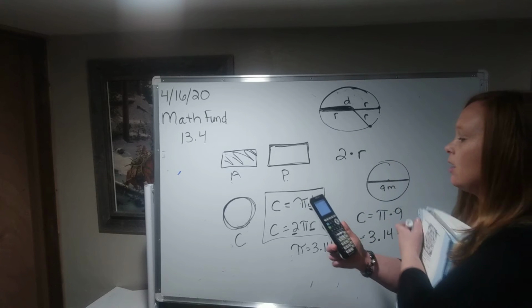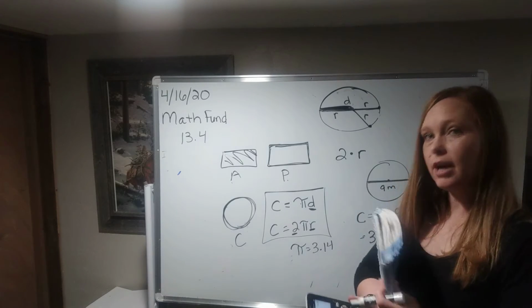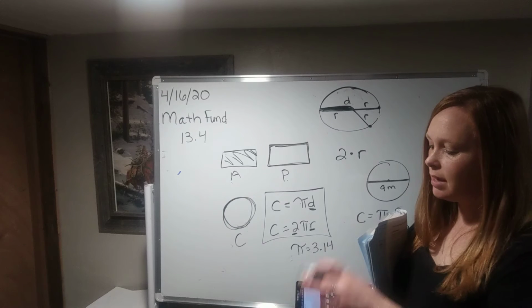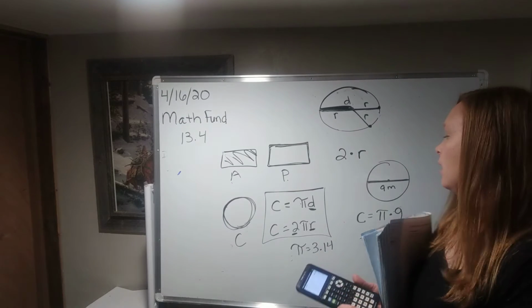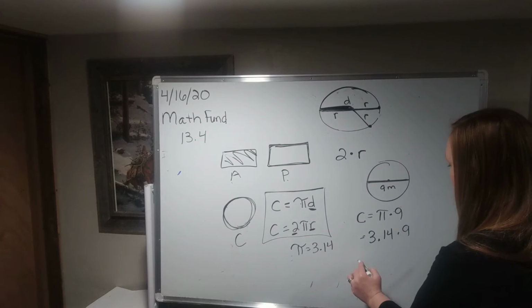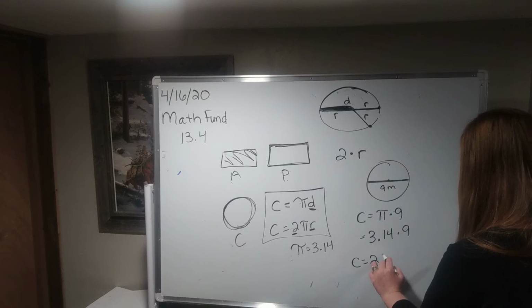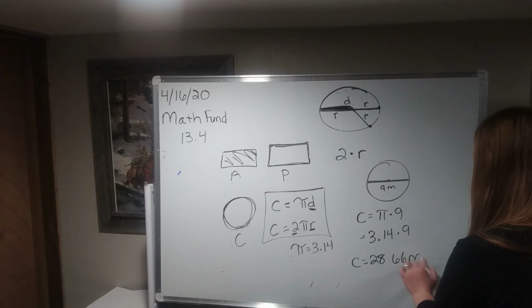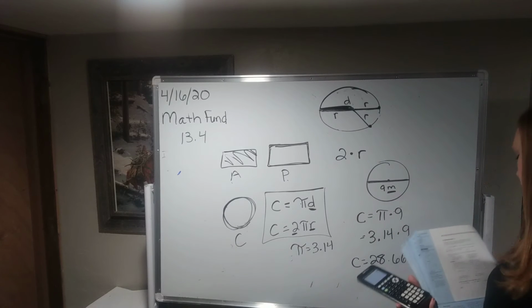Okay, and you should get on your calculator, make sure you're doing this on your calculator so that you can see if you're getting the same answers, because sometimes if you have an issue with your calculator, it could steer you in the wrong direction. So I get the circumference is 28.26 meters, okay, because I want to use the measurement.